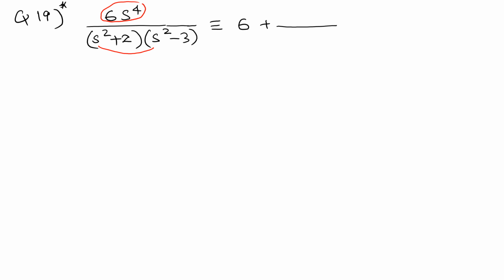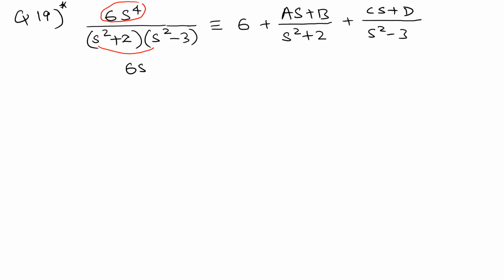So this is going to be s squared plus 2 times as plus b, and then from the other one we have s squared minus 3, so we have cs plus d, and then as before, we have 6s to the fourth power. Actually we need more space, so let's write it like this.